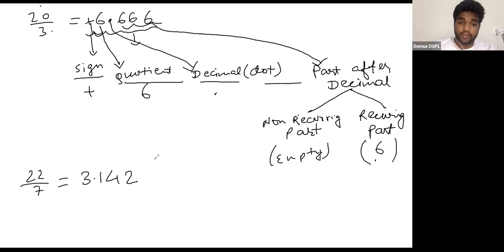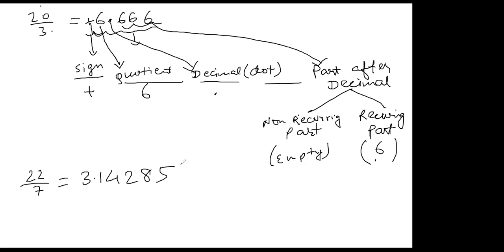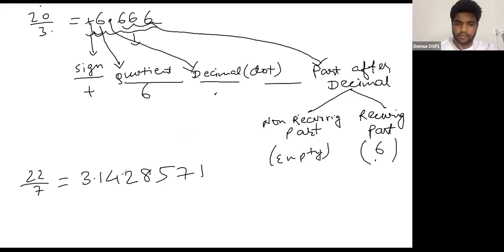So 2, 14, and then 60, 8, 5 after that. Tell me the entire thing. 5, 7. After that? 1 again, I think. It will be again 1, right? So this entire part will reoccur again.